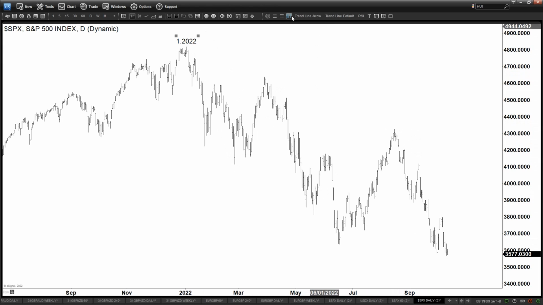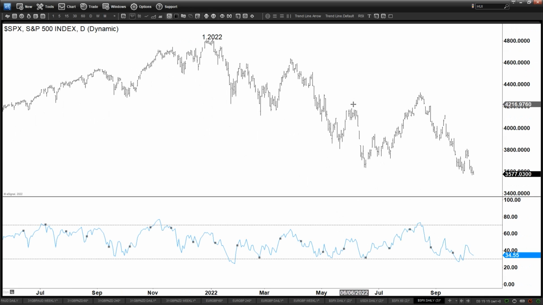So over here, if I draw a trend line, or if you look at the RSI momentum, this is very clear. From the peak here you see it breaks out, right?